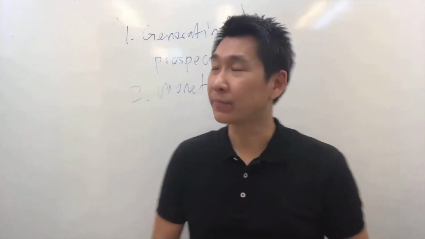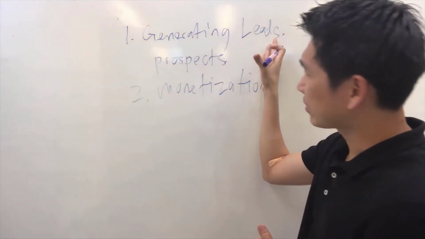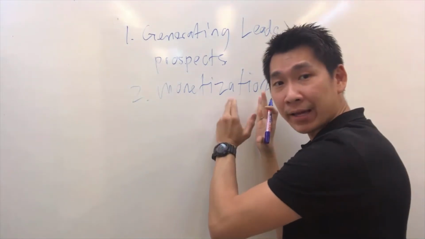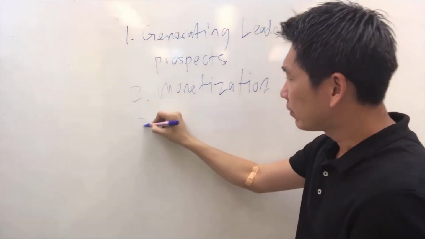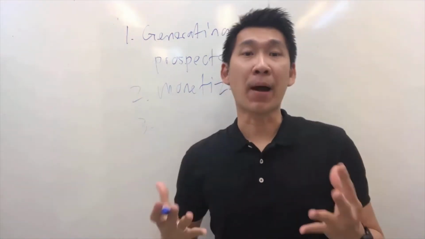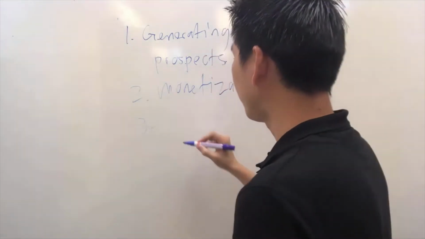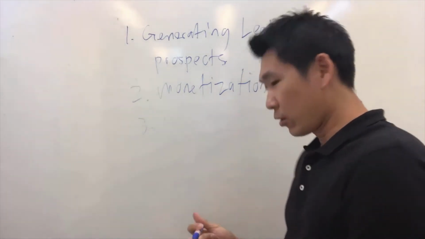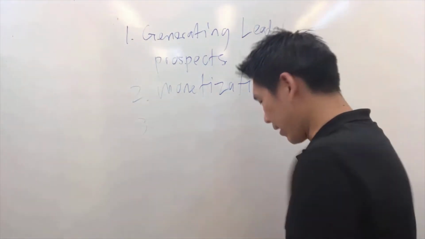That's it. So you learn about generating leads or getting prospects. You learn how to monetize them. And then the third part that you need to master if you want to build a long-term business empire, the last one is all about, oops, we really ran out of ink here.